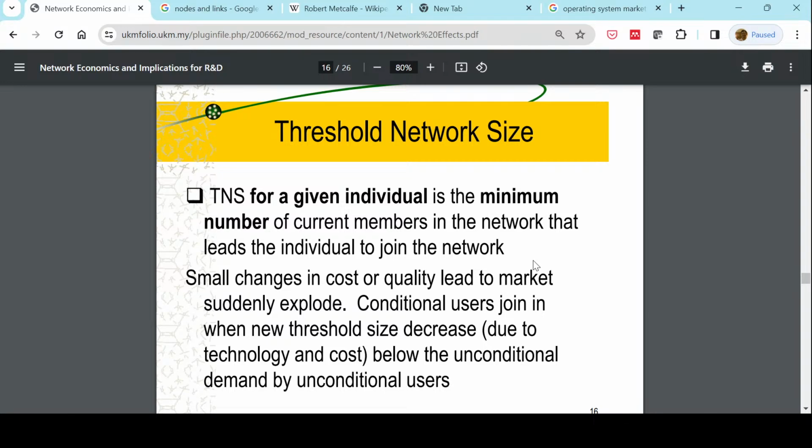That number decreases. Just now I said 50. A conditional goer will only go to that function if the threshold size, the critical size, for some reason, decreases, because the gathering is nice.